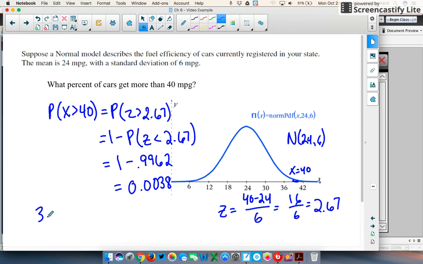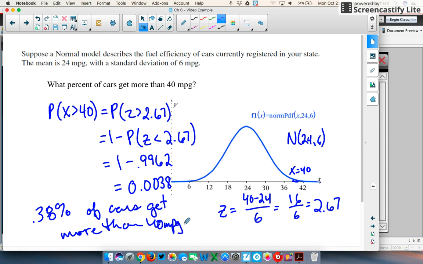So there's 0.38% of cars that get more than 40 miles per gallon.